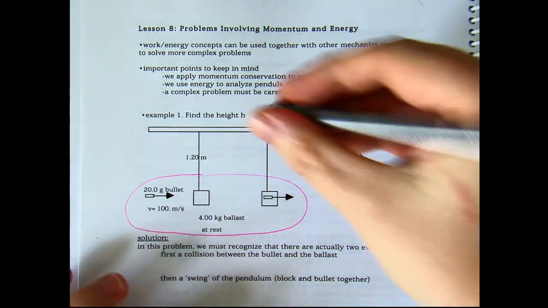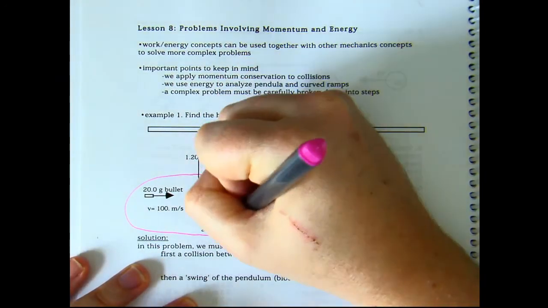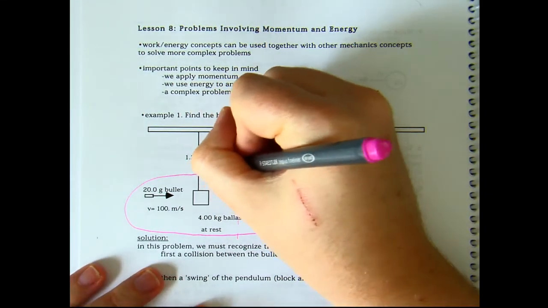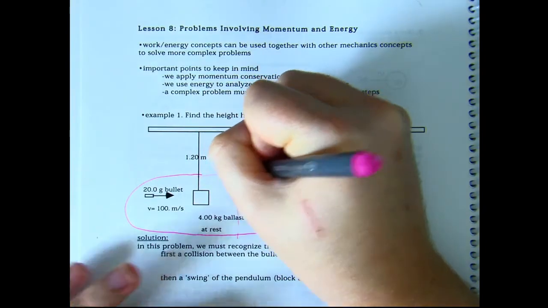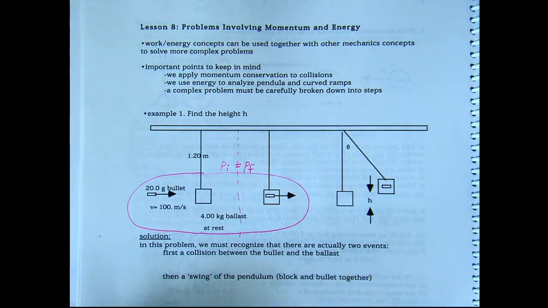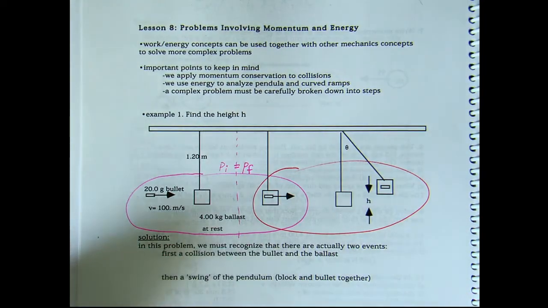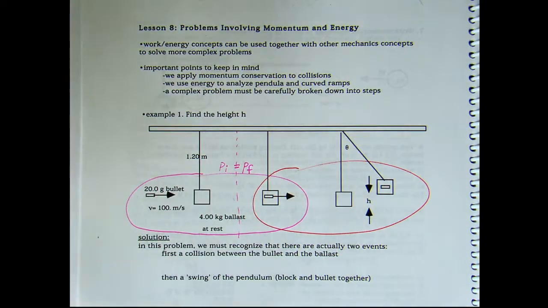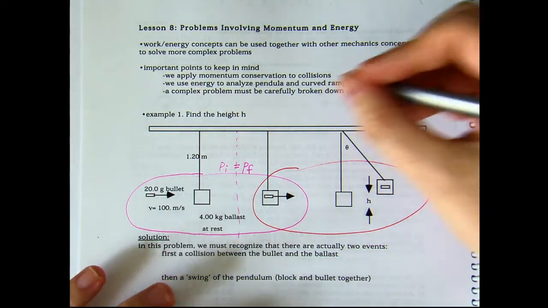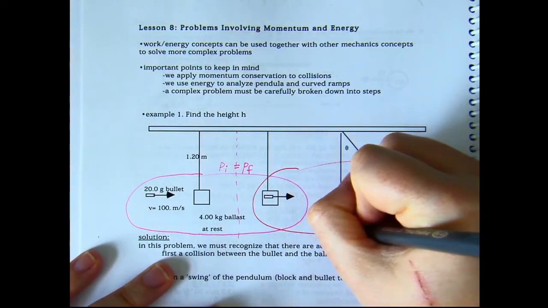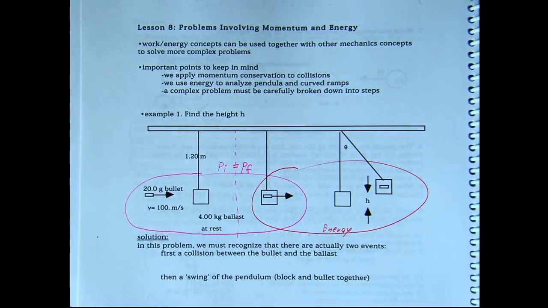This part of the problem is a collision, and because it's a collision, we're using momentum. After the collision, this thing's going to move, and it's going to rise. Moving and rising is kinetic energy and potential energy, so over here we've got the energy portion of the problem. So we want to figure out how to combine these things. So let's go.